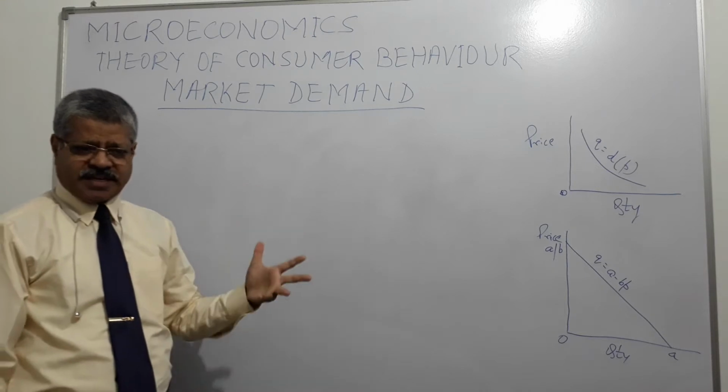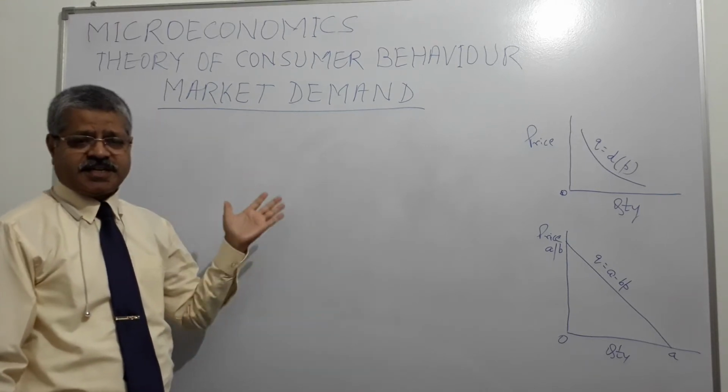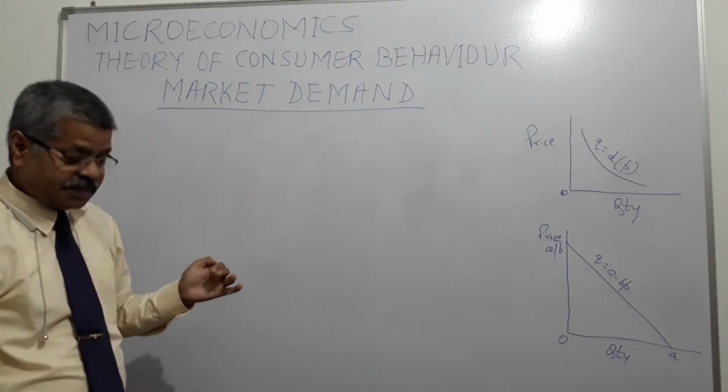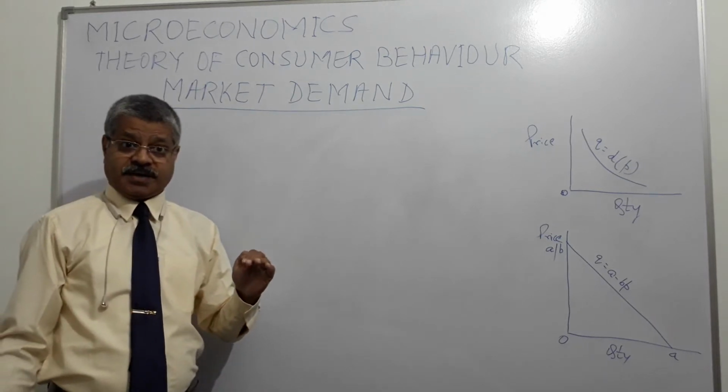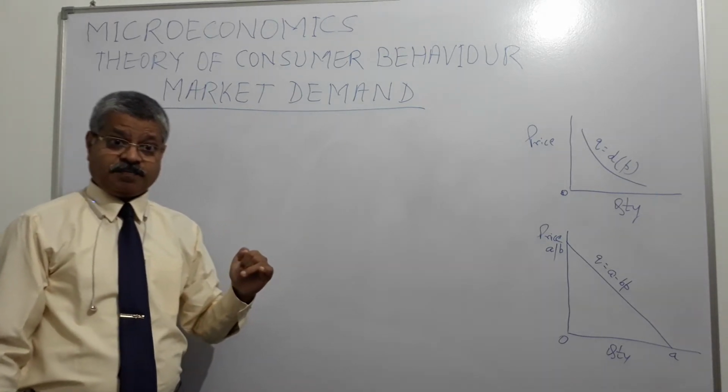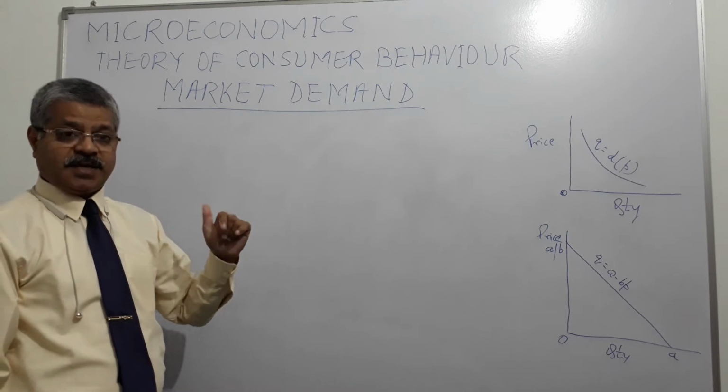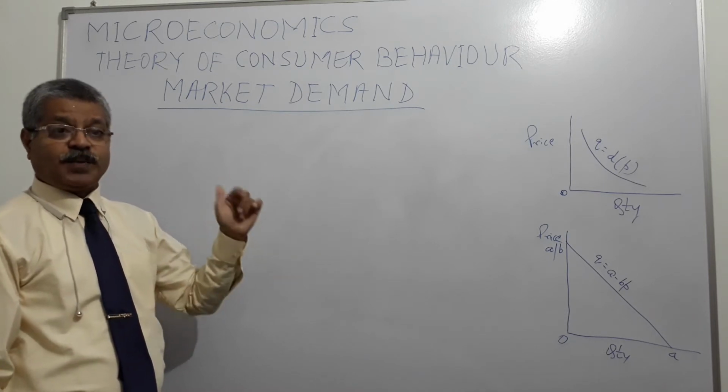Q prime 1 is the quantity demanded at a certain price, that is P prime. There is another consumer in the market who, at the same price, is willing to buy Q prime 2.